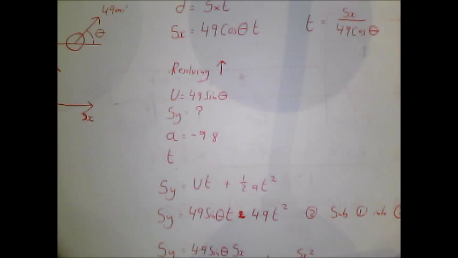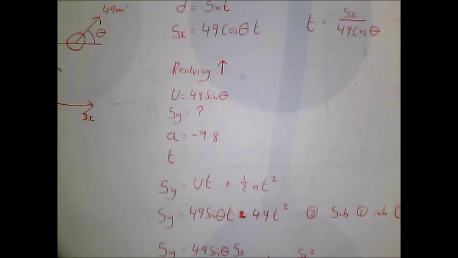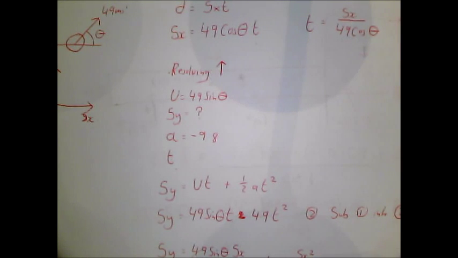If you do that on your calculator, you should get sx squared at the top, and then 4.9 divided by 49 squared should give you 490 cos squared theta.